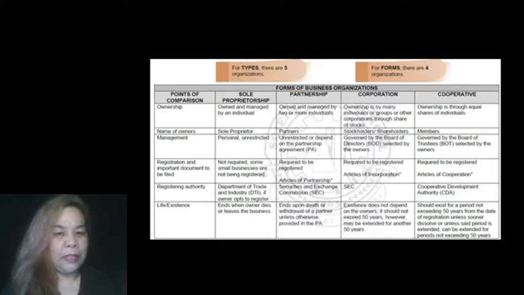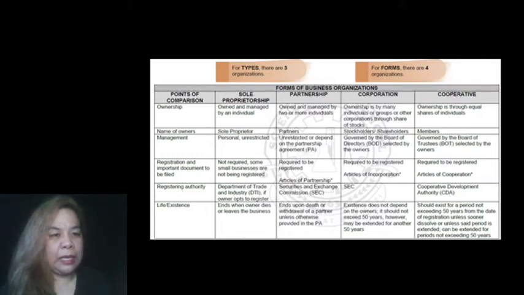So, in terms of ownership, for sole proprietorship, it's owned and managed by an individual. Although, there are also businesses that are not necessarily owned by just one person but are registered as sole proprietorship business. Like for example, some family-owned businesses are registered as sole proprietorship.